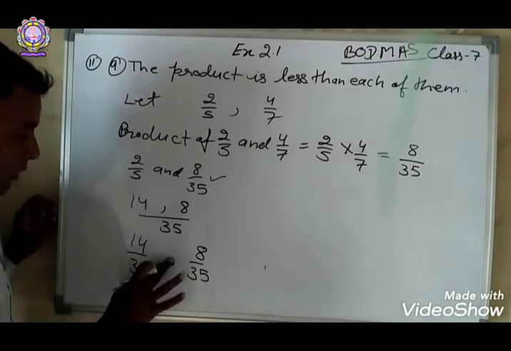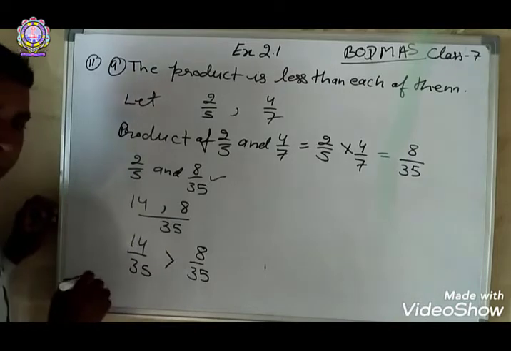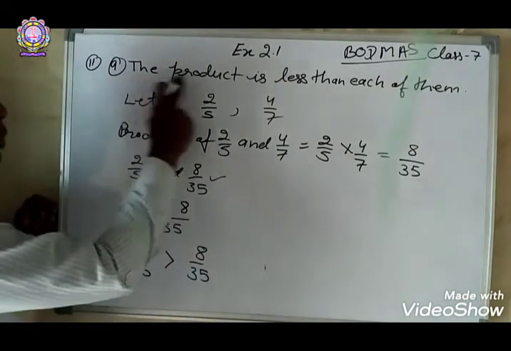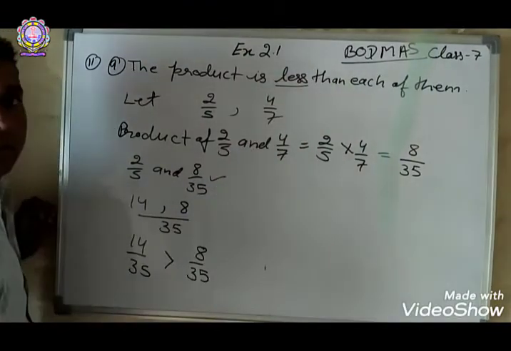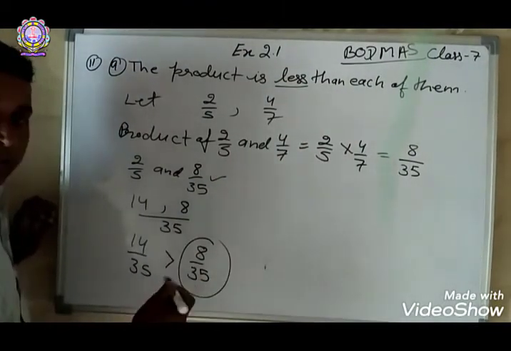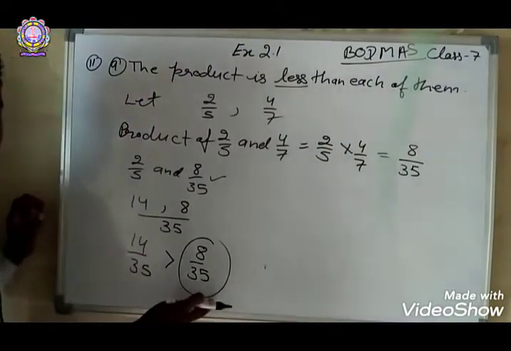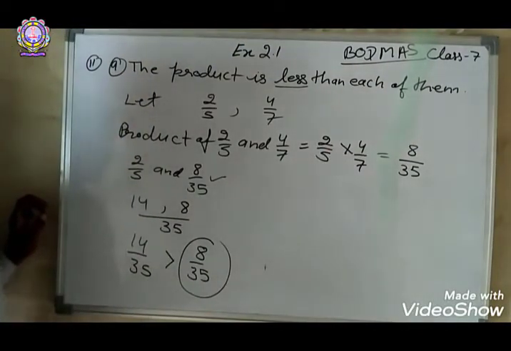Use the symbol: 14 upon 35 is greater than 8 upon 35. The product is less. So this is less than each of them. I hope you understand it.